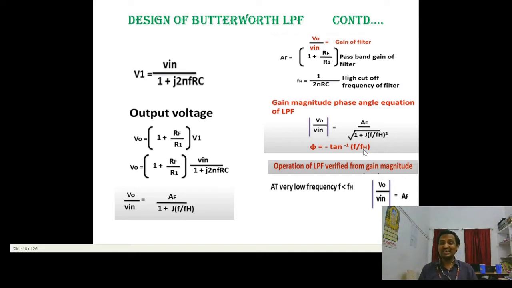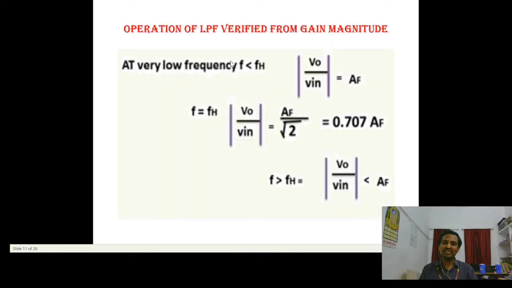Now my aim is to differentiate the frequency. What happens if the frequency is below the cutoff frequency? What happens if the frequency is exactly equal to the cutoff frequency? And what happens if the frequency is greater than the cutoff frequency? If the applied frequency is much less than the higher cutoff frequency, what happens?